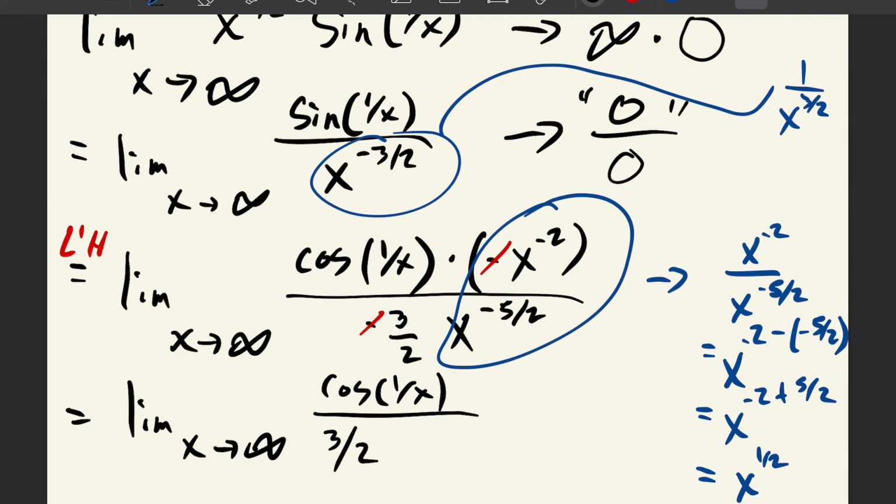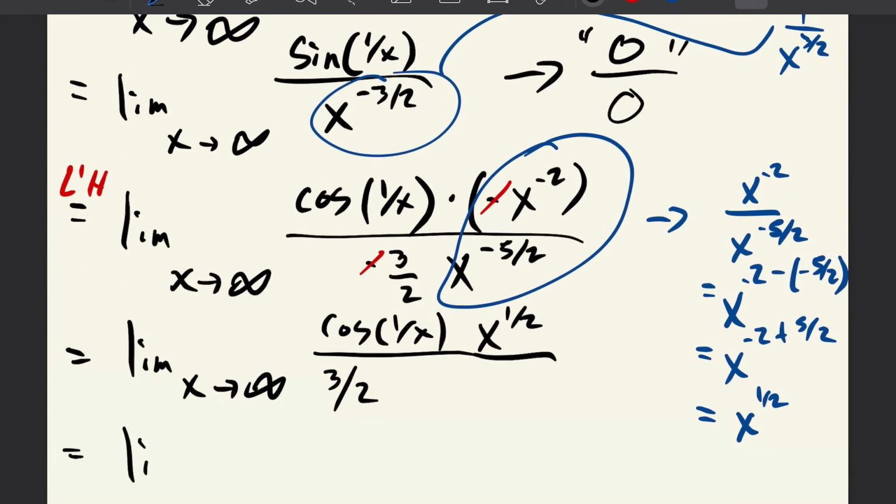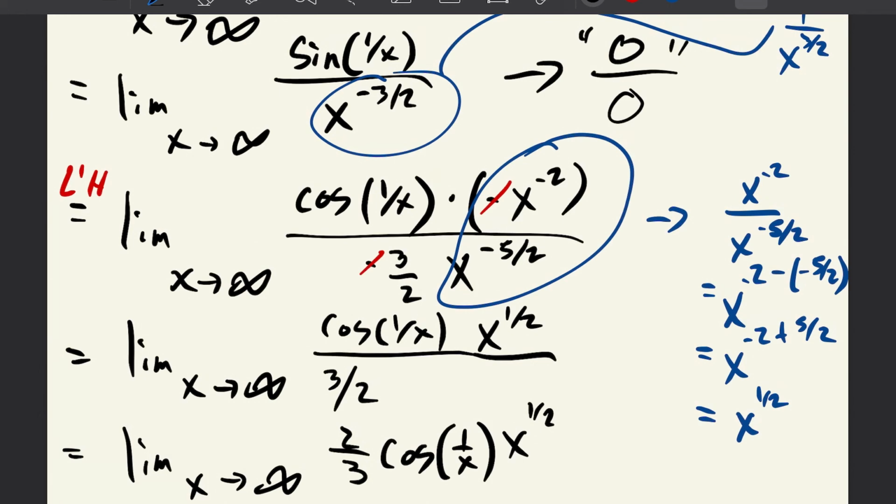So this is going to be x to the 1/2 in the numerator here. Okay, so let's rewrite that so it doesn't look so ugly. So the limit as x goes to infinity of, okay, so I'm going to flip over this 3 over 2, right? So I'm going to have 2 thirds cosine of 1 over x, x to the 1/2.